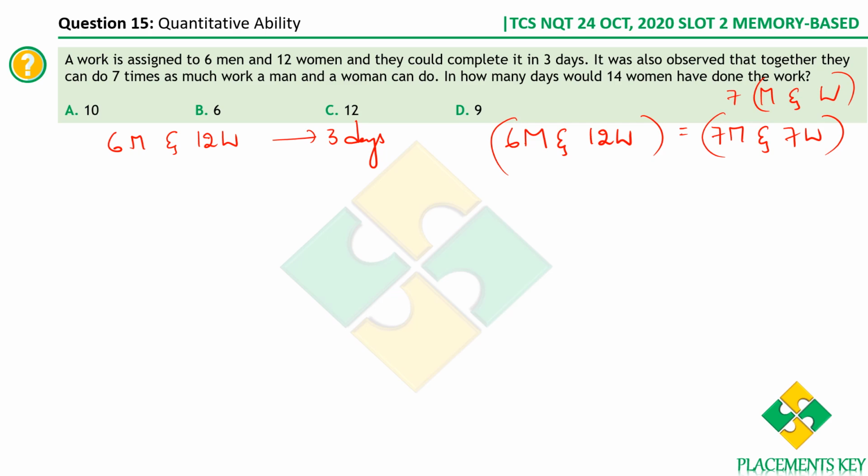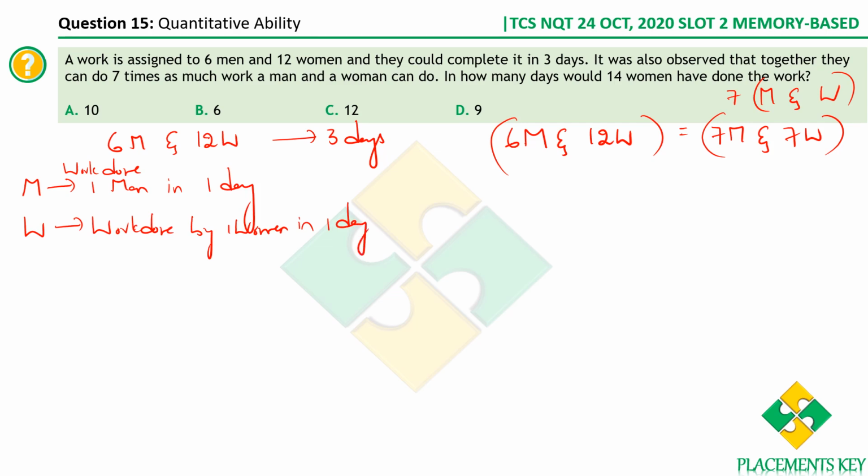So what shall we do? Let me first assume that M is the work done by one man in 1 day. Similarly, let me take W as the work done by one woman in 1 day.